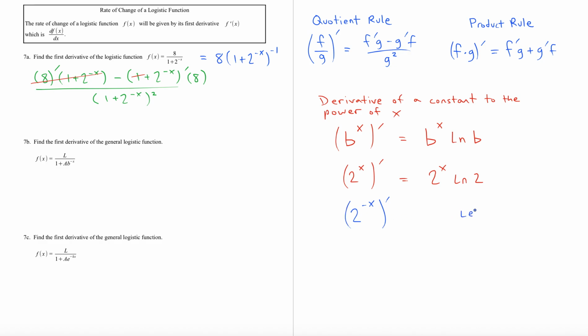So let's let g equal negative x. That would mean we're trying to find the derivative of 2 to the g, which would be, according to the formula above, 2 to the g times the ln of 2, but because it's chain rule, times g prime.